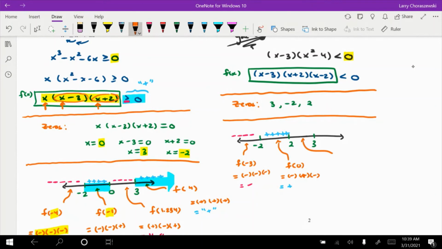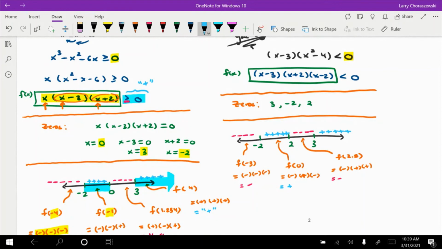But if you pick something like f of 2.5 from that section of the number line, you're going to have a negative times a positive times a positive, and the end result would be negative. So it does appear as though there might be some alternating pattern here. Just to confirm it, did you guys get a positive section of the number line for 3 to infinity?